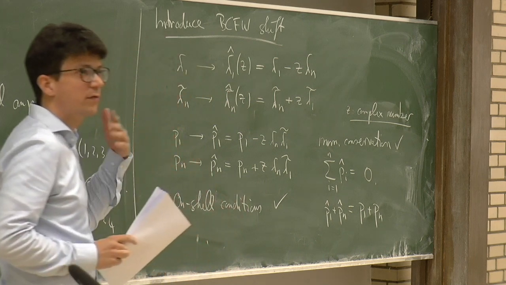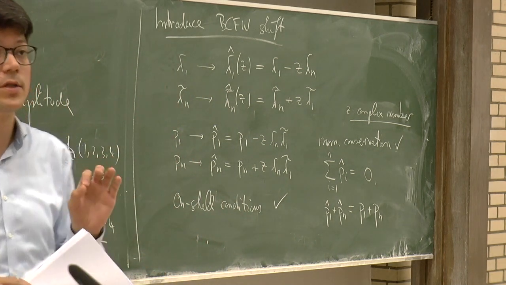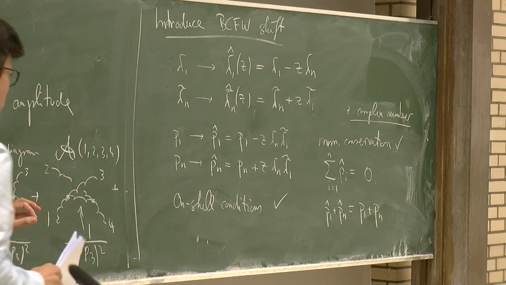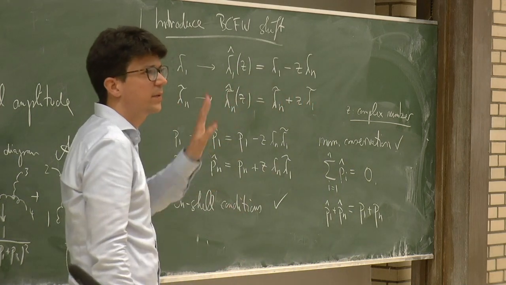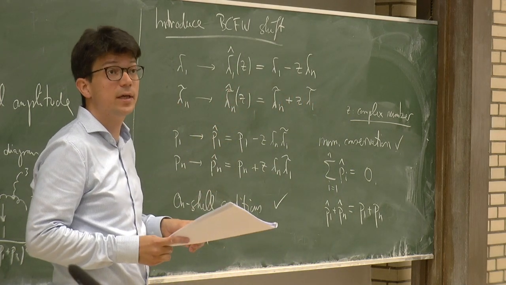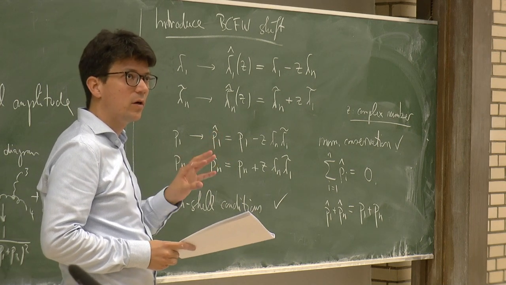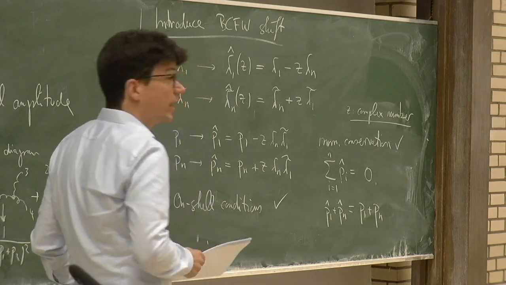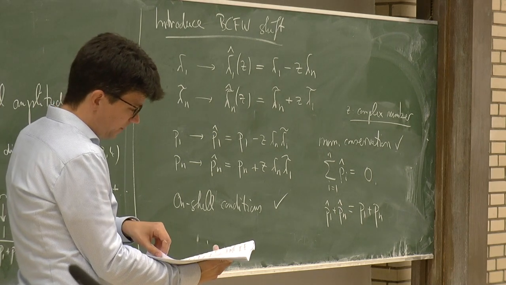This will be important when you think about what poles we can have in the Feynman diagrams as a function of z. As soon as there's this sum P1 hat plus Pn hat, it is independent of z, and therefore there cannot be any poles. So only special configurations will lead to poles in z. This is what we'll think about now.